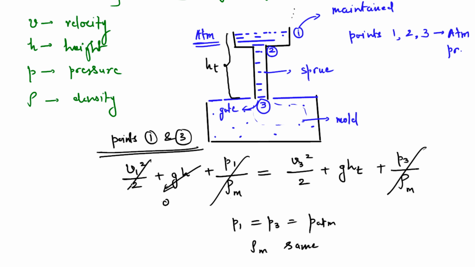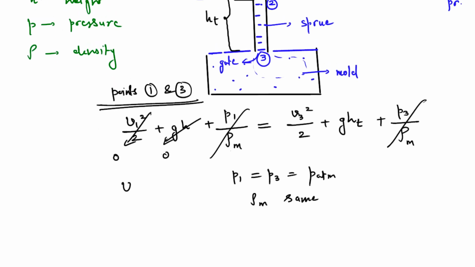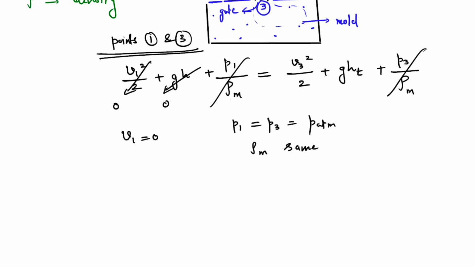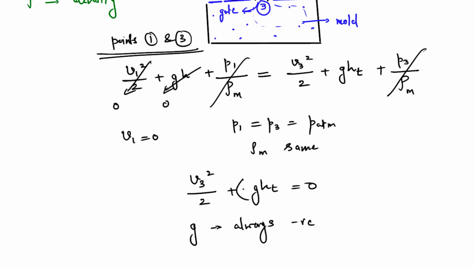So the entire first term is 0, and we are left with V3 squared divided by 2 plus g h total equal to 0. Now this g is always negative, because the liquid is free falling downward.